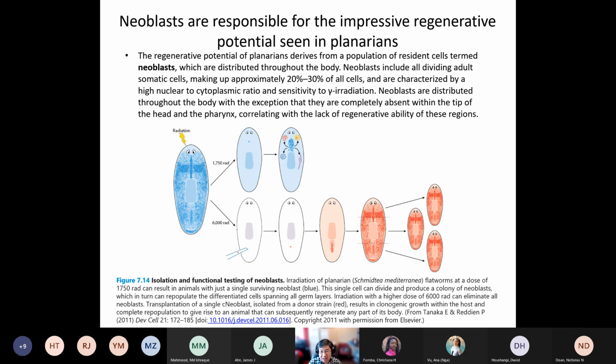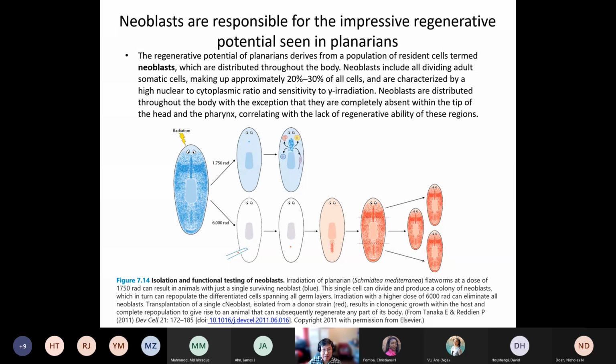And then from another animal, they take a neoblast, one stem cell. It's the same flatworm, but a different individual. They take one cell, put it into the body of this animal, and now you can revive this animal. Basically, that cell from another individual can repopulate the body and make a new individual.